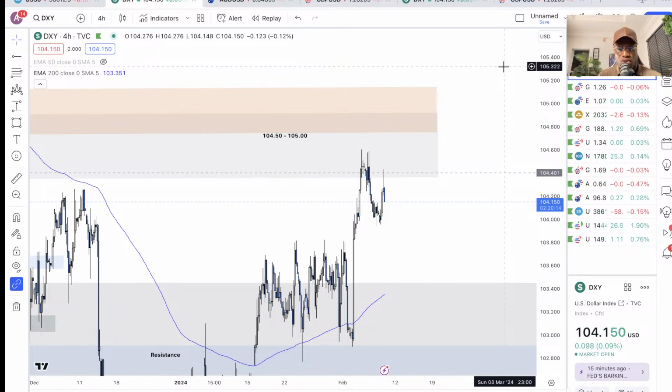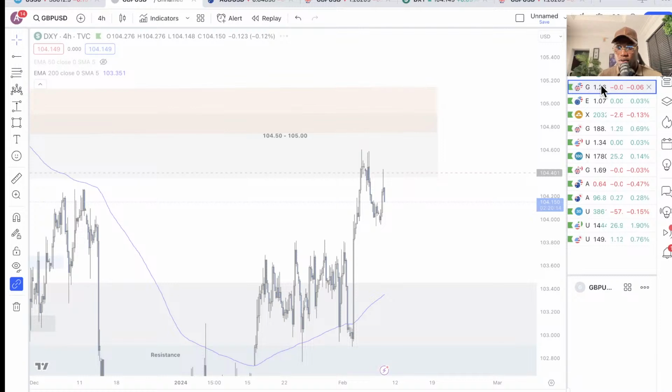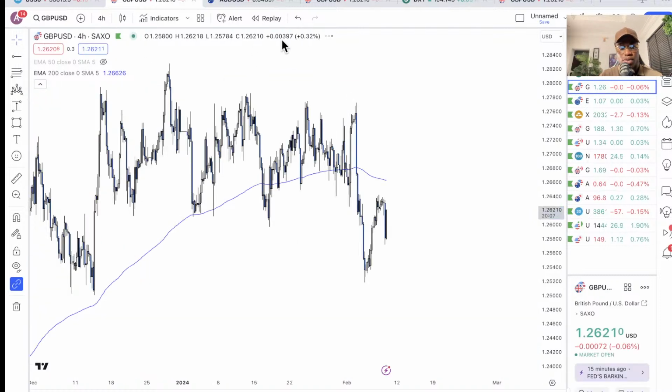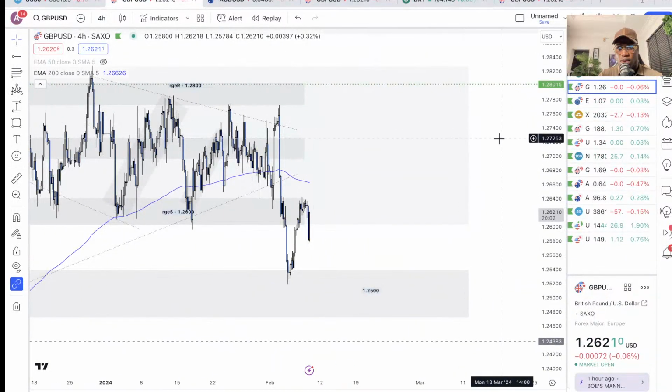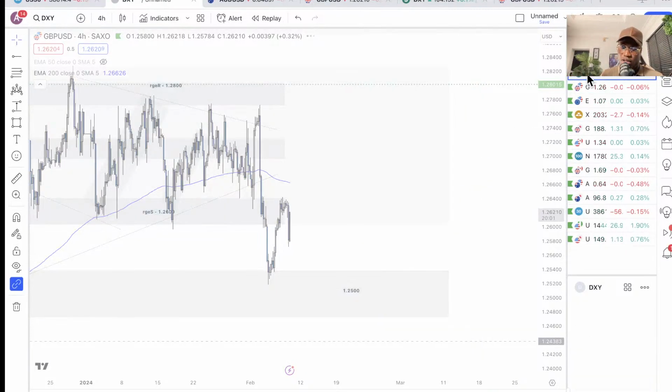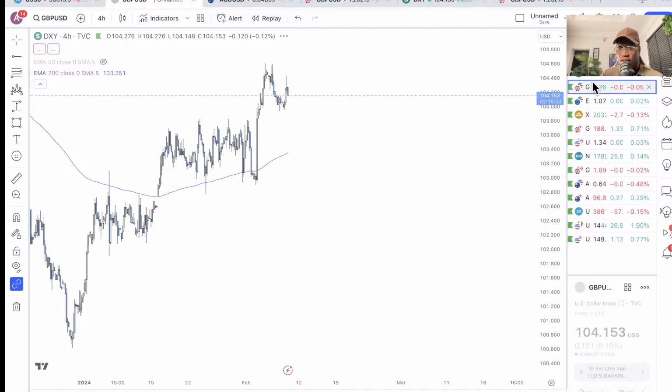So I'm going to go to pound dollar as well. And again, guys, I always start with the dollar because if the dollar is trending to the upside, then the pound dollar would be going downwards. They are well correlated. Let's give that a second to load up.